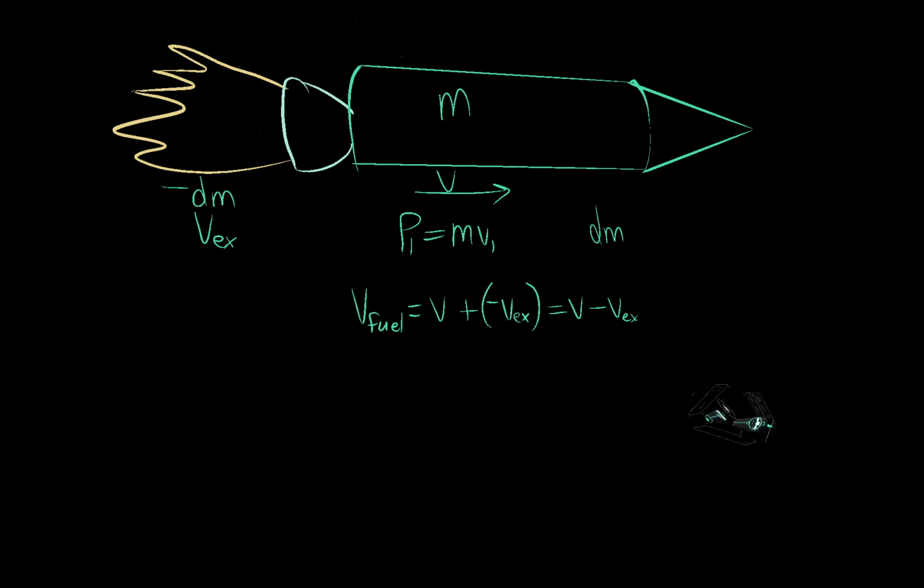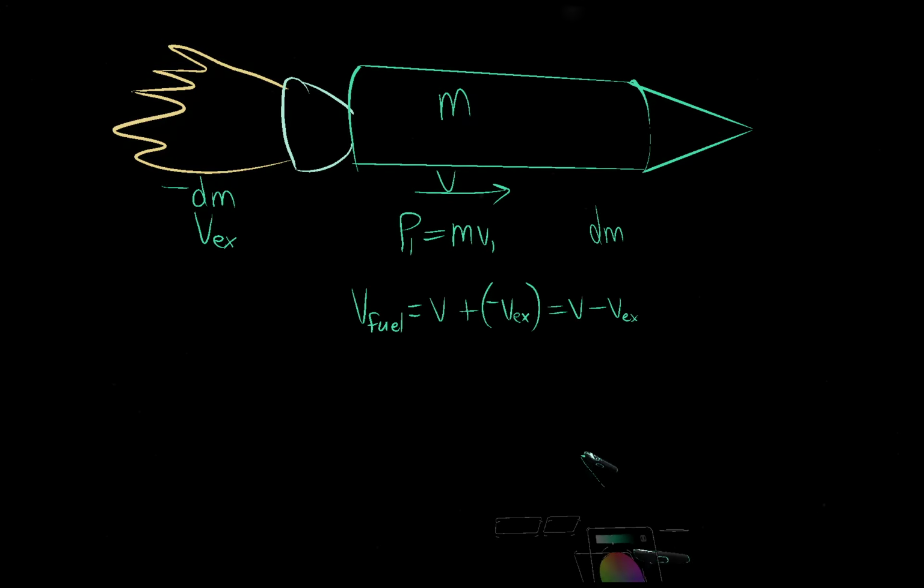This is the case because fuel is ejected backwards from the rocket, but it's still traveling very fast from a stationary perspective. So if the rocket's going really fast, yes, the fuel is going backwards relative to the rocket, but it's still going forwards at some speed relative to a stationary point of view.